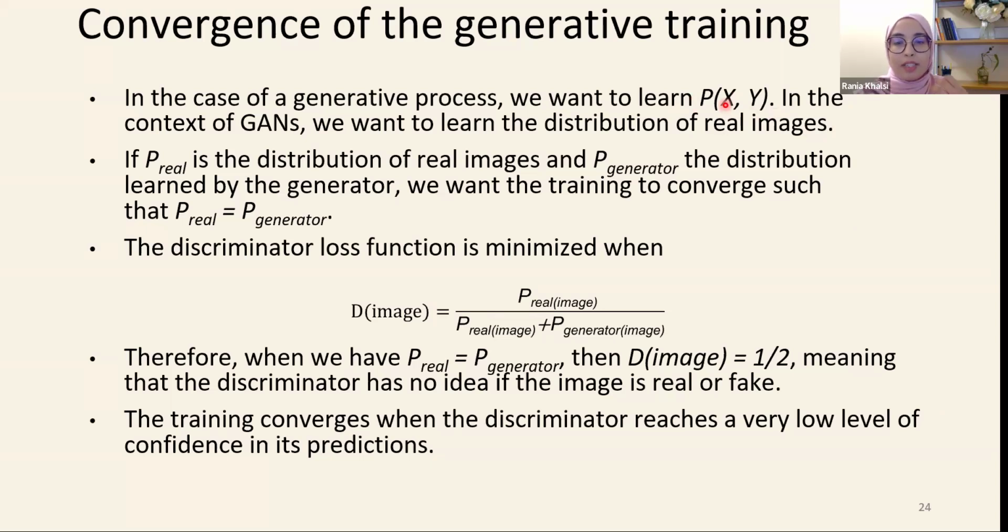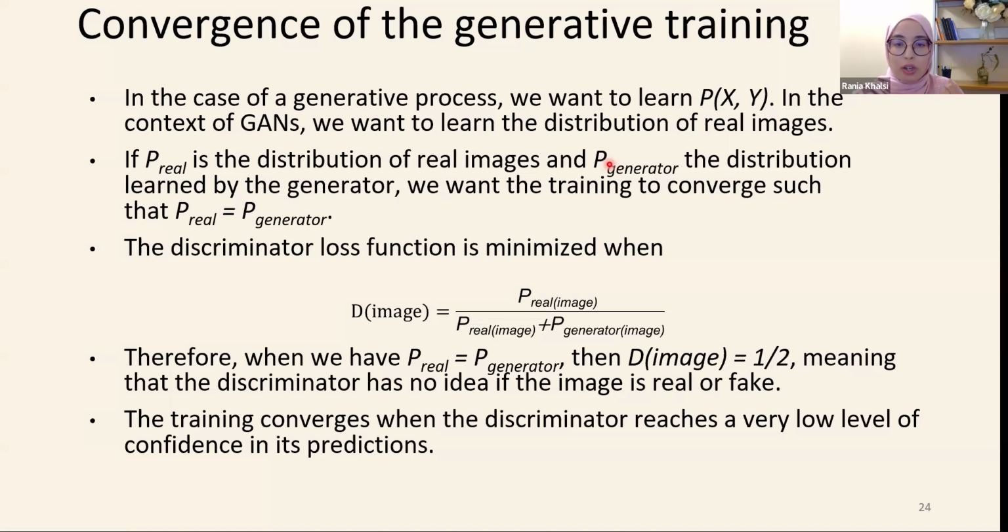In the context of GANs, this is what we do. We want to learn the distribution of the real images. P real is the distribution of real images, and P generator is the distribution learned by the generator.